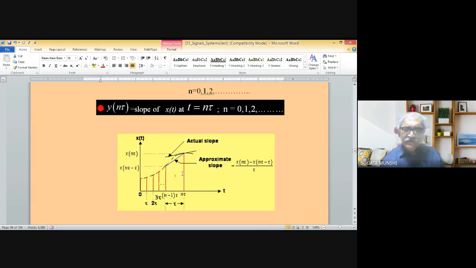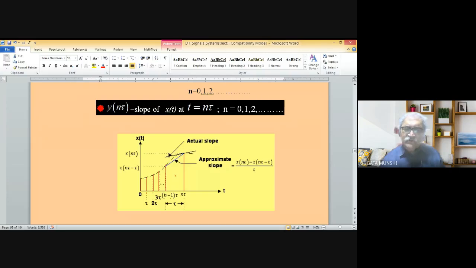So at t equal to n tau, what will be the slope? This is the slope that I have drawn. The slope of this straight line will give you the exact derivative.